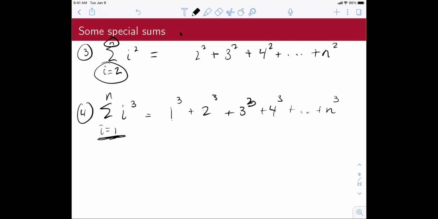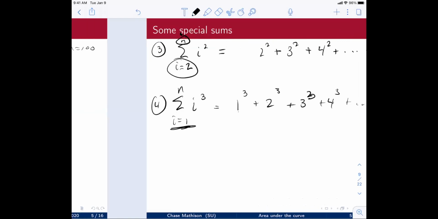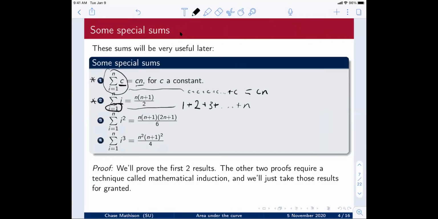And I don't have what these are memorized, so don't feel bad about coming back to this page and looking up what these sums should be, because that's what I'm going to do later in the lecture, okay? The only one of these I expect you to have memorized, quote unquote, is the first one, because that one is sort of self-evident. The other ones, I will give to you if I expect you to use them on, say, an exam.